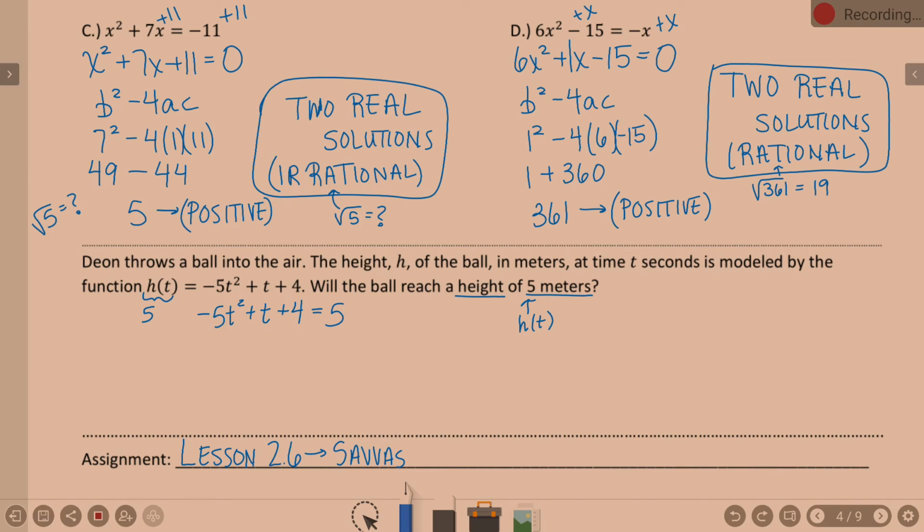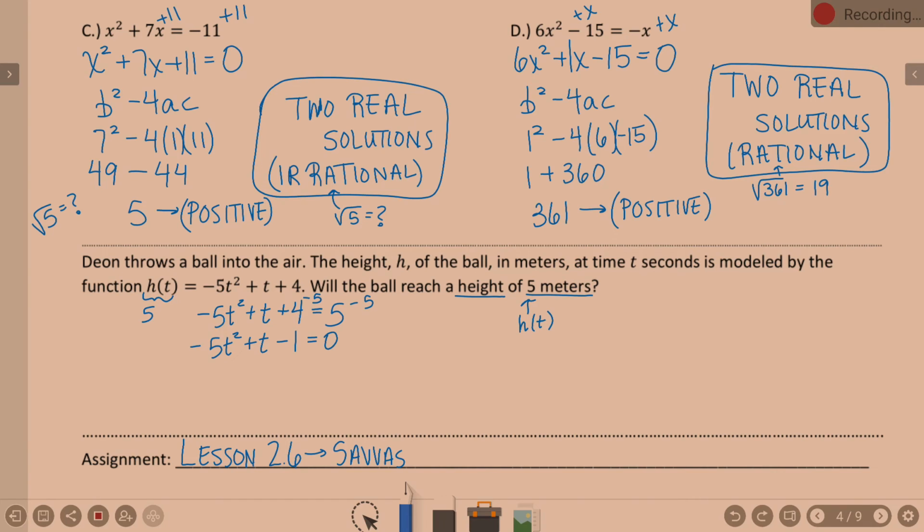Subtract the 5 over because I need my equation to equal 0. So, negative 5t squared plus t, 4 minus 5 is going to be minus 1 equals 0.